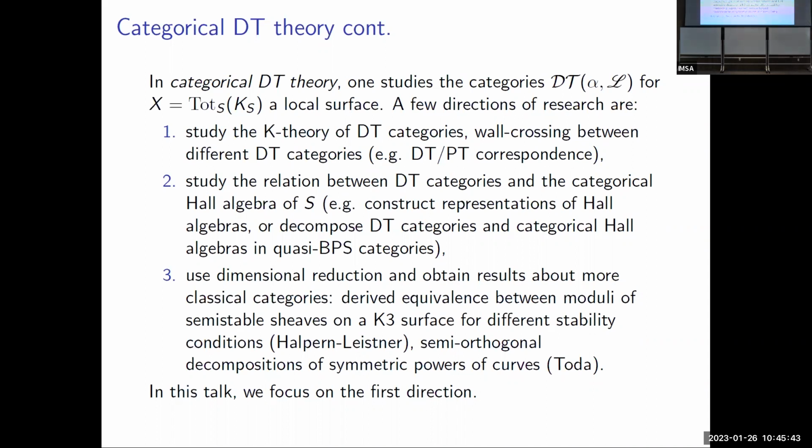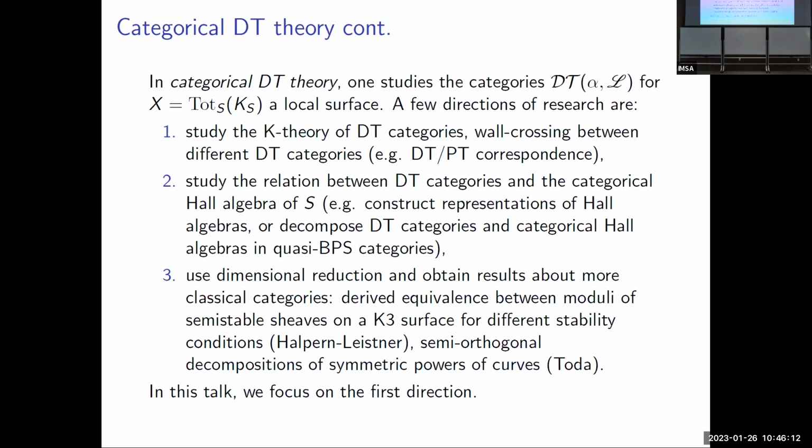They are a more economic way of understanding the contribution of curves via sheaves, and also a more economic way of phrasing this sheaf to stable maps correspondence, this DT to Gromov-Witten correspondence. So this is one direction of research.